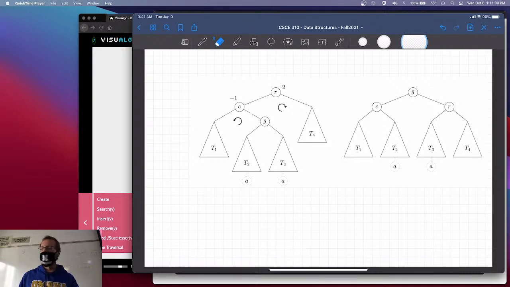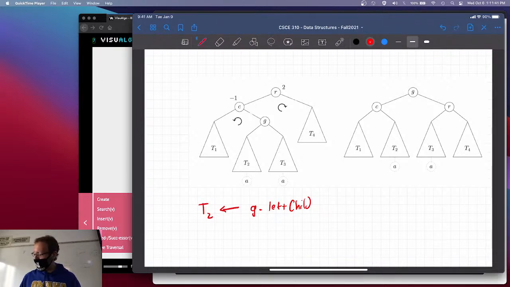Yeah. So when you move T2 to C before you rotate the left, T2 to C. If you're talking about how you would implement this, I would say use temporary variables everywhere, right? If you want to come up with T2, assign G dot left child. Oh, yeah, there's a temporary variable, T2.